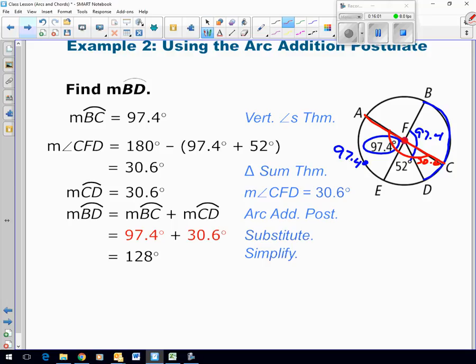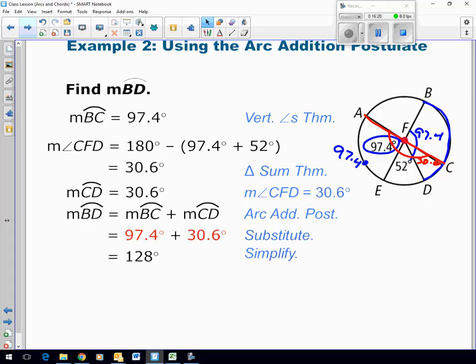So if I simply add together the central angle measurements 97.4 and 30.6, I will get the entire arc on the outside. B to D would be 128 degrees right here.